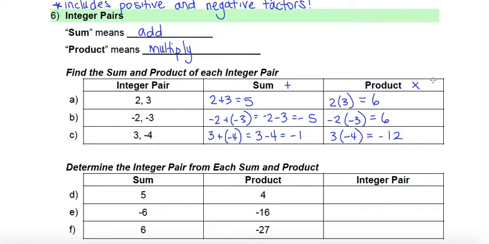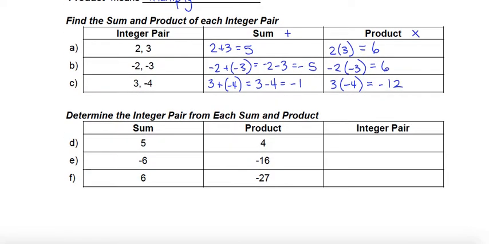So sometimes you're going to have to work backwards, and that's important, especially when we're factoring. So we have to determine what the integer pair is that will make both of these things true. So what two numbers will add to give you 5 and multiply to give you 4? Well, it helps to think about the factors first.